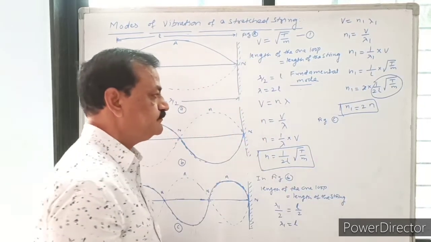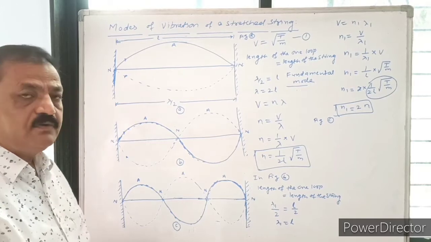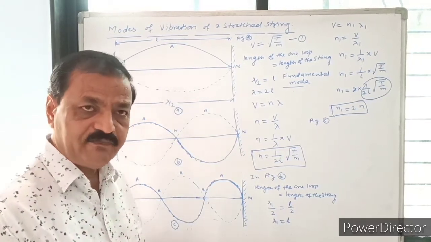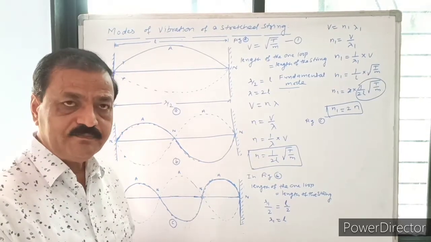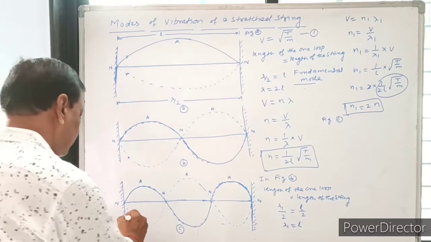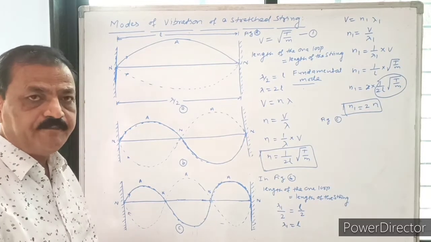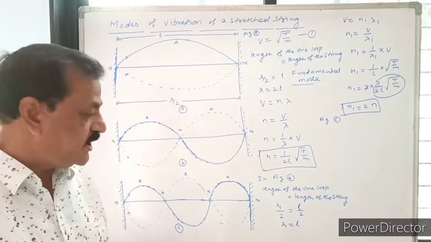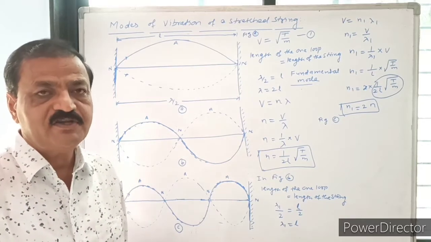From figure C, the string can also vibrate in a different way. This is the third mode of vibration. In this case, one is the incident wave and another is the reflected wave. The incident wave and reflected wave interfere with each other, obtaining transverse stationary waves.